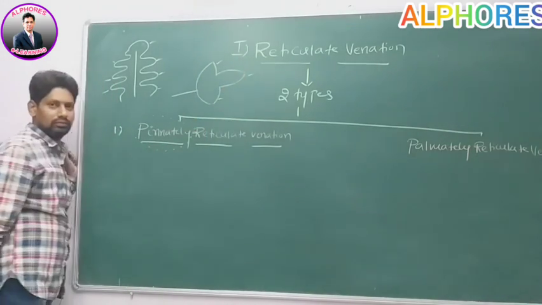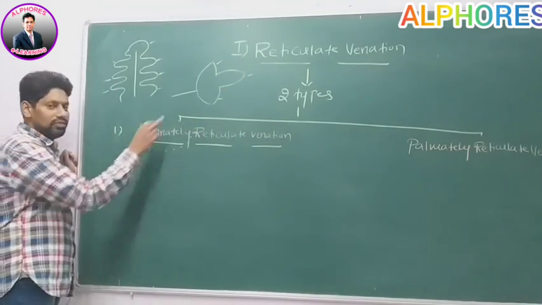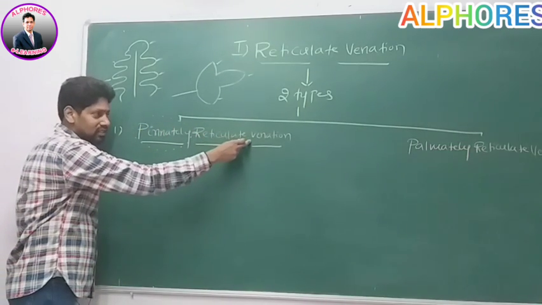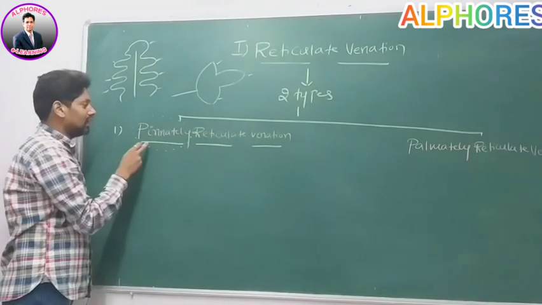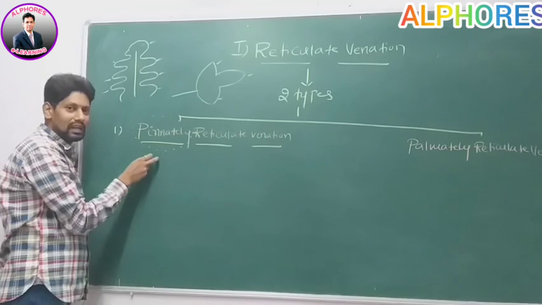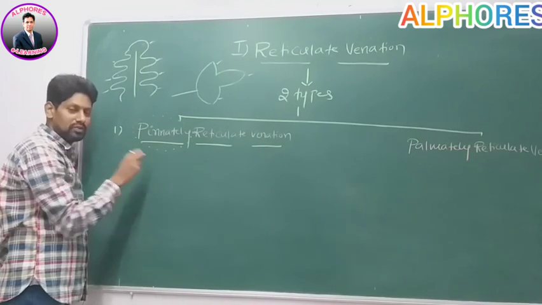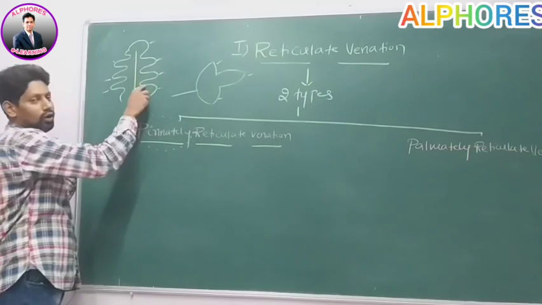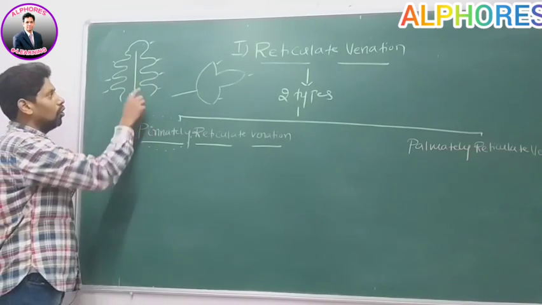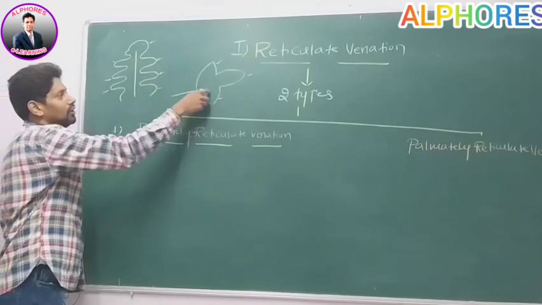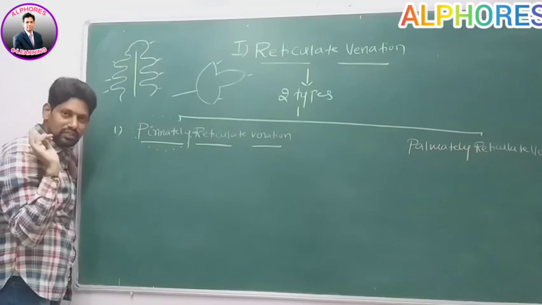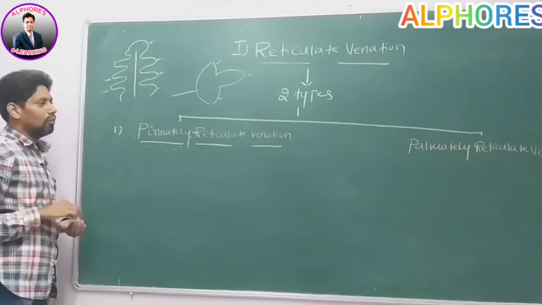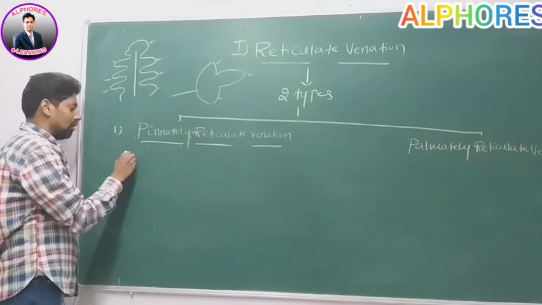I am speaking about venation. Wherever you get the word pinnately, how many midribs? One midrib. Is the lamina with lobes? No, the lamina is unlobed. Lobed means it should be like this or like this. Therefore, pinnately reticulate venation.